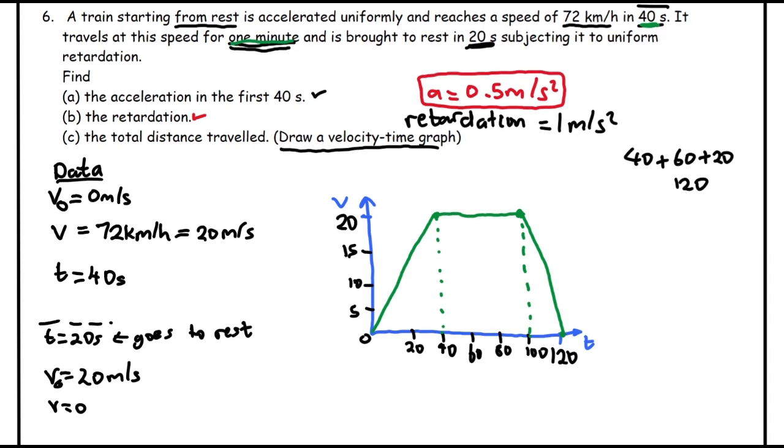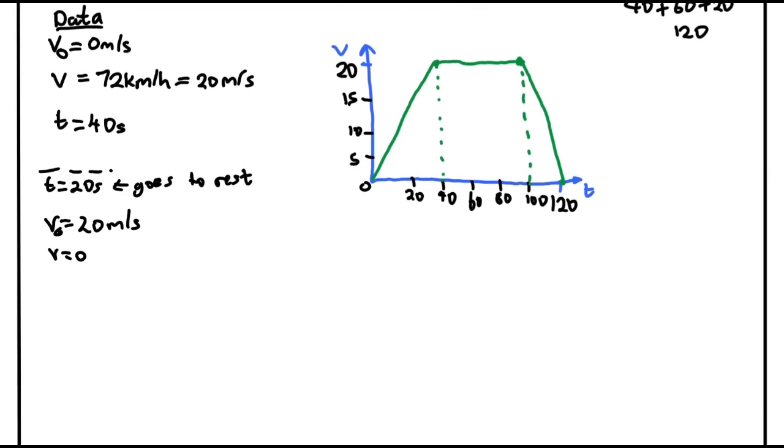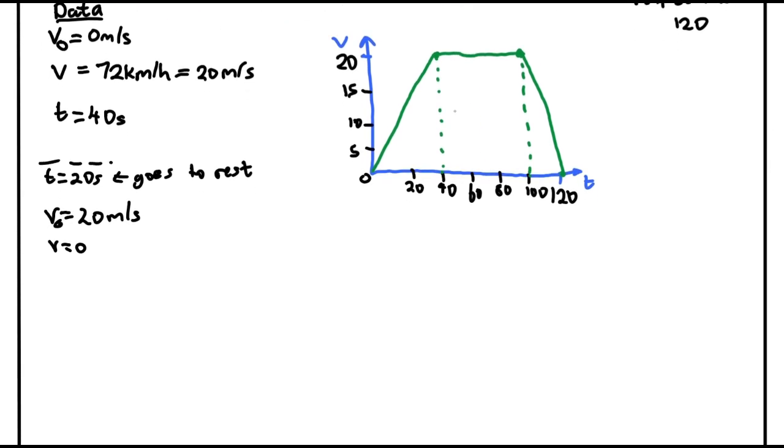Now what we want is the total distance traveled. The total distance traveled is the area under this graph, so this entire area. We can find this area in two ways. If we have a definite shape, such as a rectangle or a triangle or a trapezium, we can use the formula of that shape to get the area.